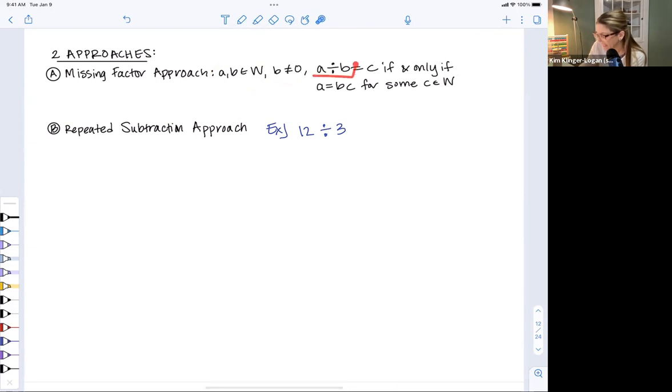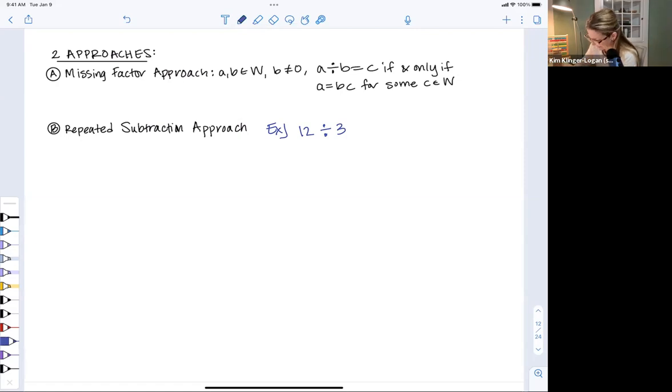So when I divide A by B, I get another number C if and only if B times C is equal to A for some C in W. So again, similar approach to that missing addend approach that we had before. Okay, great.